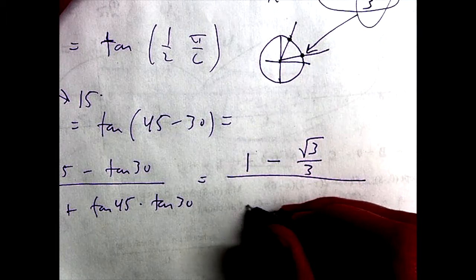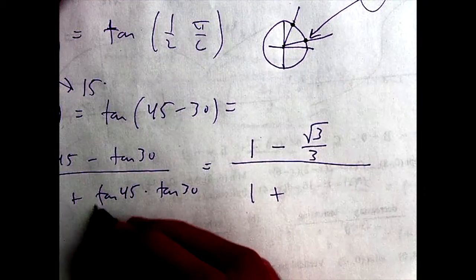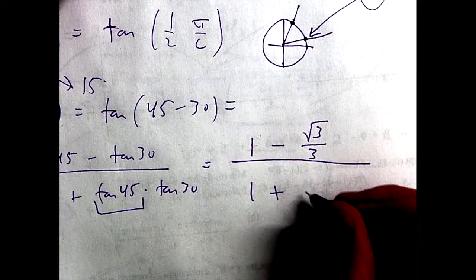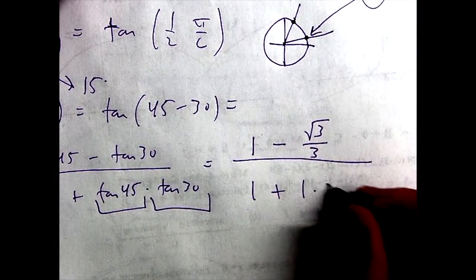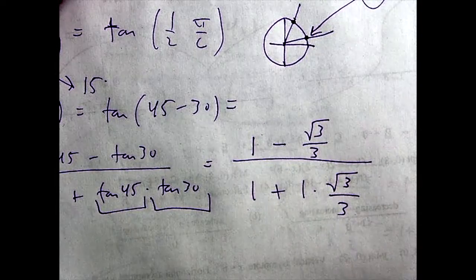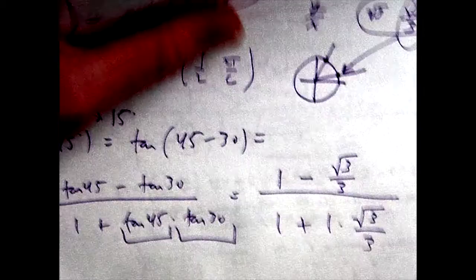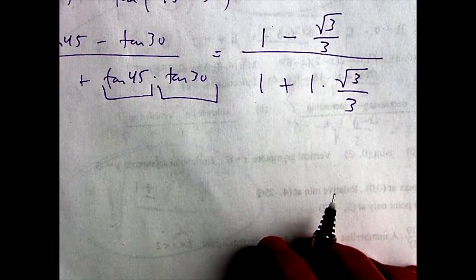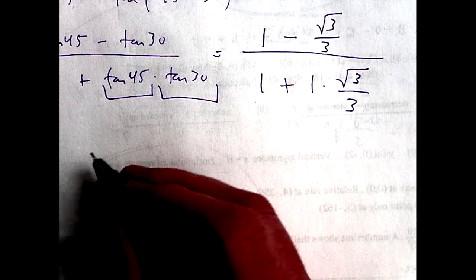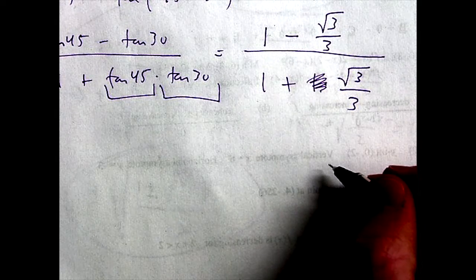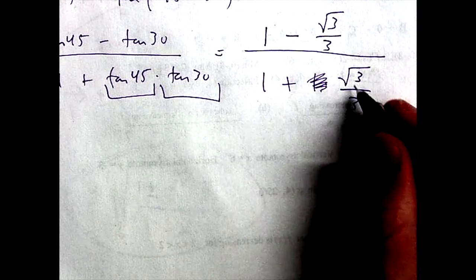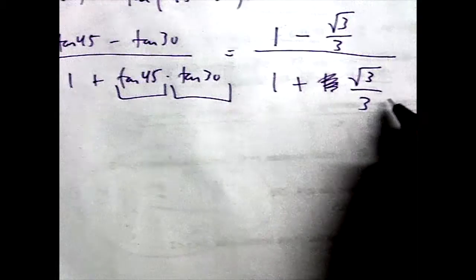There we are. And then 1 plus, this is tan 45, which is just 1, times tan 30, which we just said is root 3 over 3. So that's basically it, except it has to be simplified. And simplifying this expression is kind of a nightmare. We did one like this in class, but first of all, notice that I can just ignore the 1 times, right? That 1 is not really doing anything. For one thing, we've got fractions within fractions, and I should fix that.